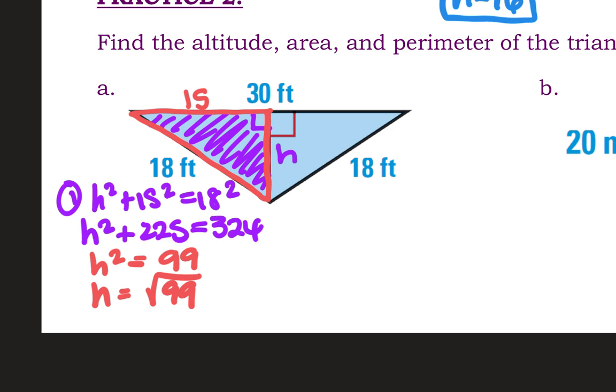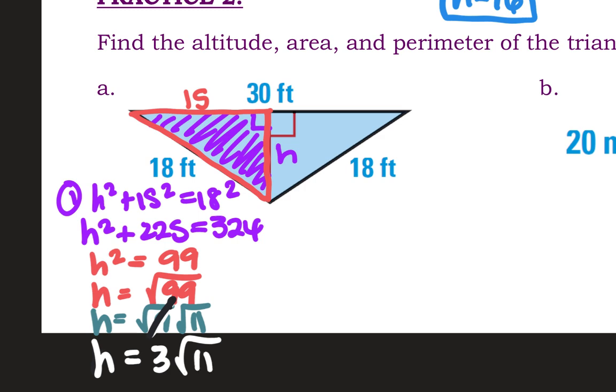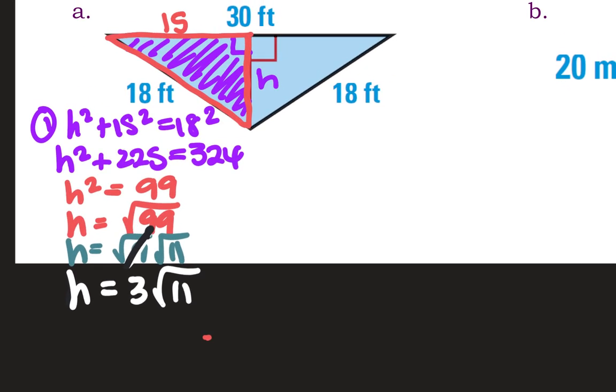What goes into 99? Good, 9 and 11. Which one reduces? The 9. So 9 becomes what? 9 becomes 3. So h is equal to 3 square root of 11. There's our height.